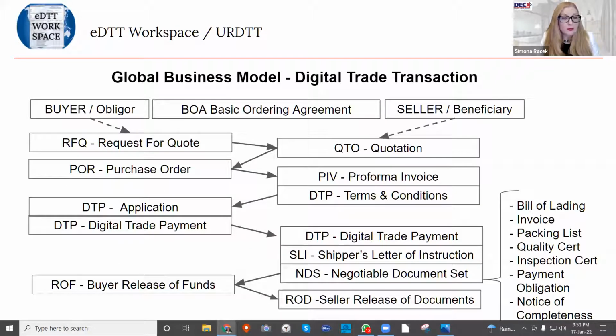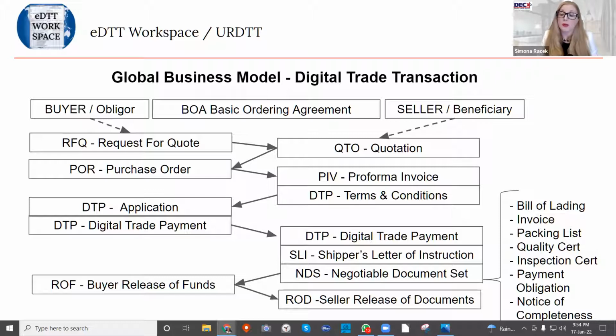The Global Business Model digital trade transaction document flow is quite traditional. The buyer and seller agree to trade with a basic order agreement for goods or services. The buyer requests a quotation and the seller provides a quotation. Once the terms and conditions are agreed upon, the buyer places a purchase order for specific quantities.